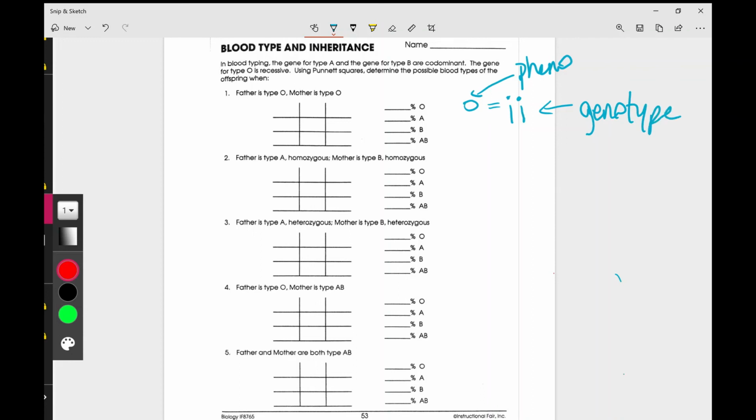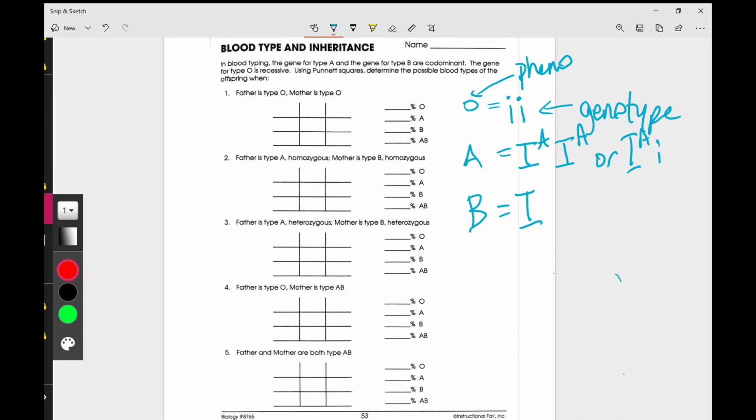Okay, if I have A blood type, which they tell me I have A blood, I could have, remember, because A and B are dominant, you're going to make a capital I for dominance. This is your recessive, then you're going to make a little i. And this is your choices. You can have IA IA, or IA and little i.